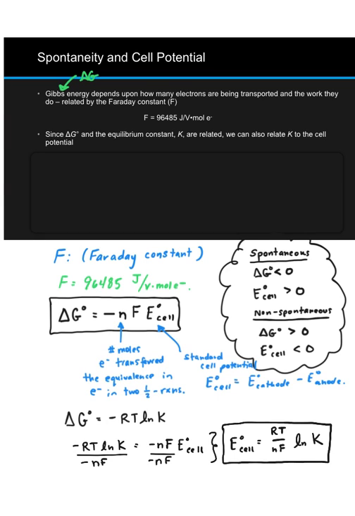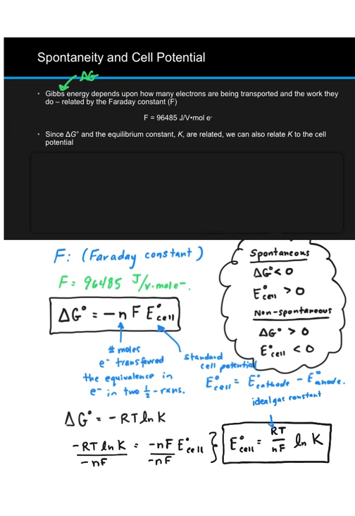Here we have a way to relate the standard cell potential for a redox reaction to the equilibrium constant for that reaction.